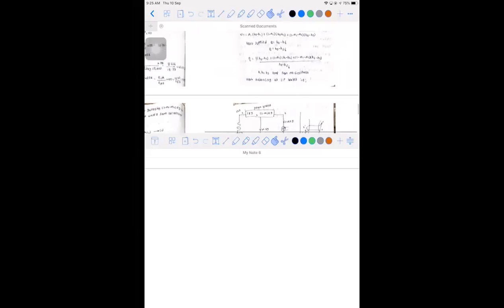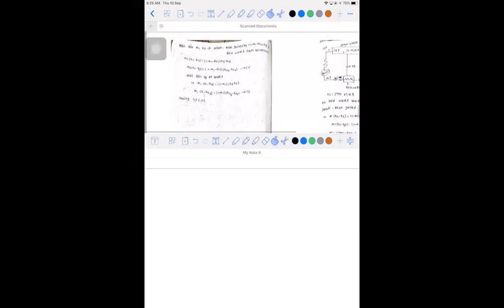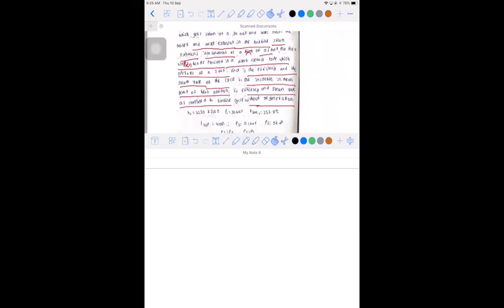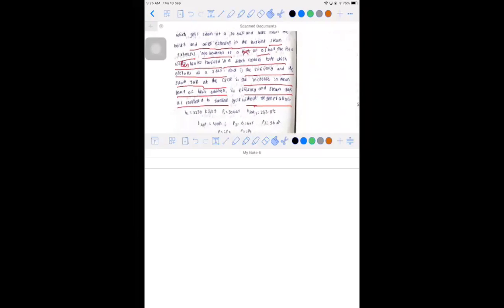So we'll go with the problem. This is the problem now. It's a single heater, and regarding the points, no need to worry about where to keep points and where to keep the pump and all this.